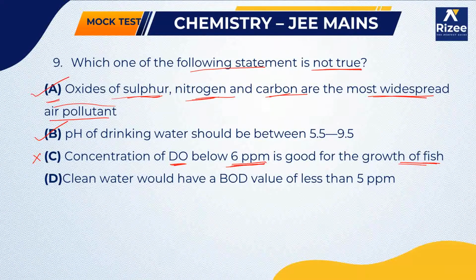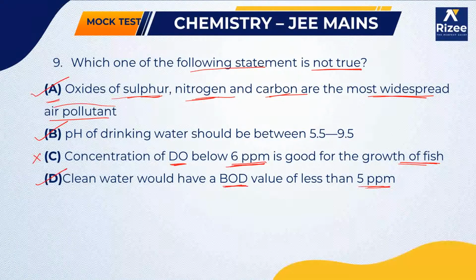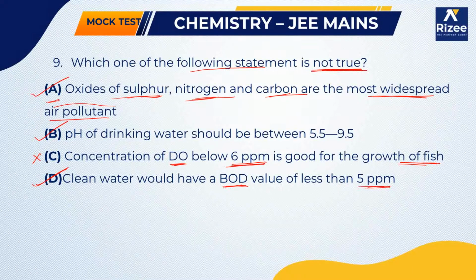Let's see the fourth option also. Clean water would have a BOD, biological oxygen demand, value of less than 5 ppm. Yes, clean water should have a BOD value of less than 5 ppm. So this is also correct. He is asking for the false statement, so the false statement is the third option. Our answer is C.